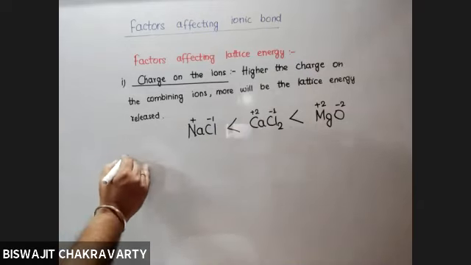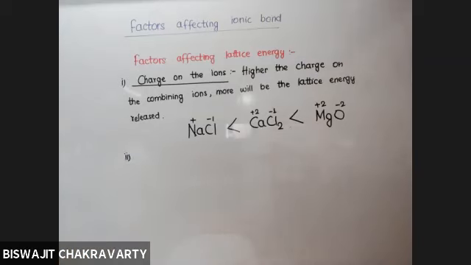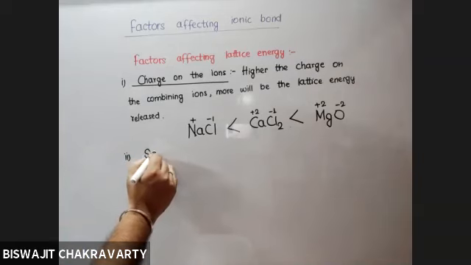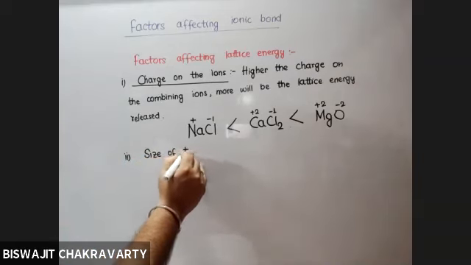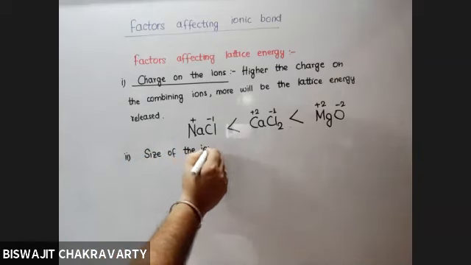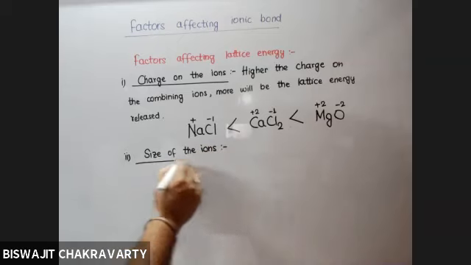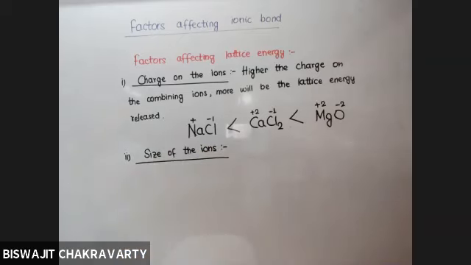The second factor on which the lattice energy depends is the size of the ions. If the size of the ion is relatively smaller, especially when we talk about the cations, they will have greater force of attraction due to greater nuclear charge.